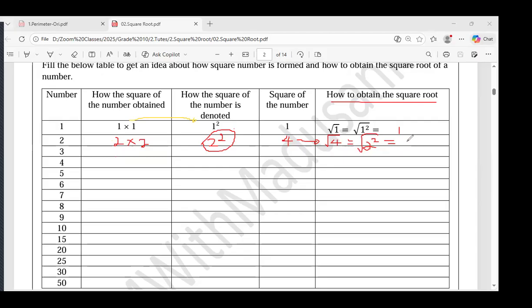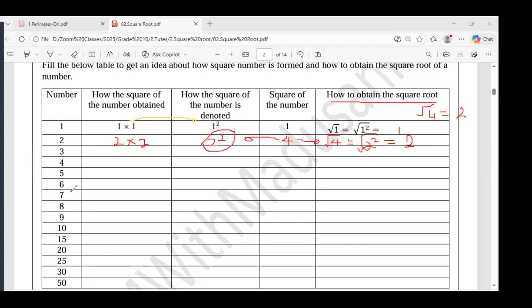The square root of 2 to the power 2 means 2. So basically, you know the square root of 4 is 2. So this is how we obtain it. 4 can be written as 2 to the power 2, and going backward, the square root of 2 to the power 2 means the number 2 itself.